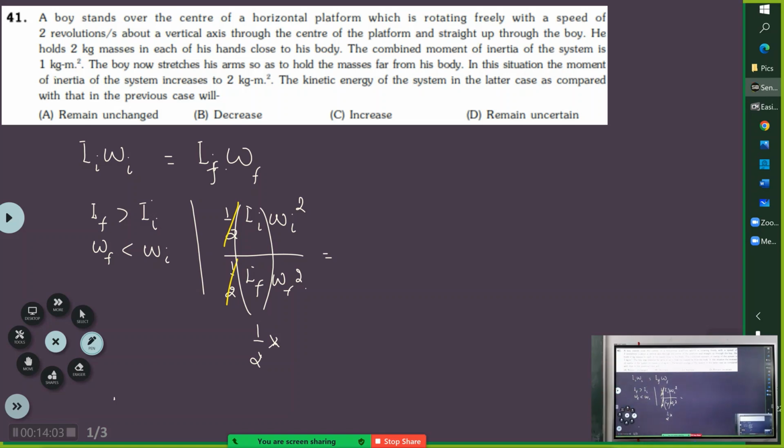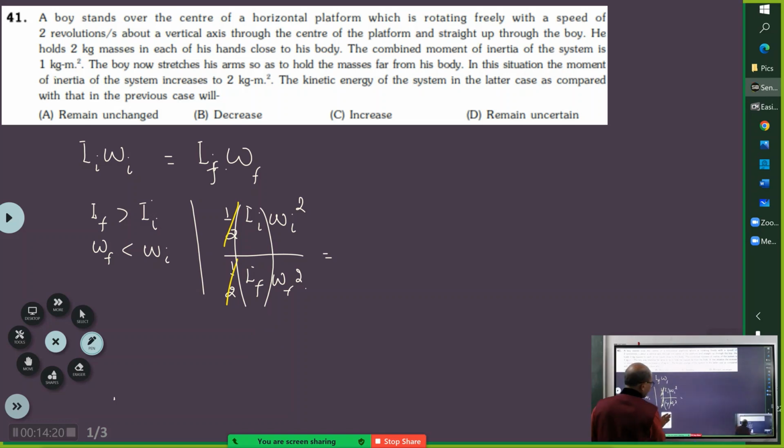Numerically, can you write the expression and say this is less? By how much is it less? It is half of the initial.